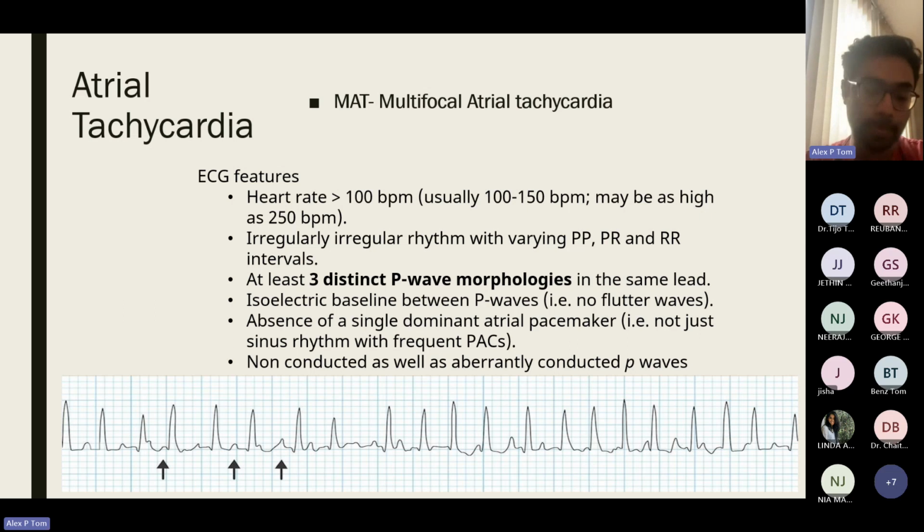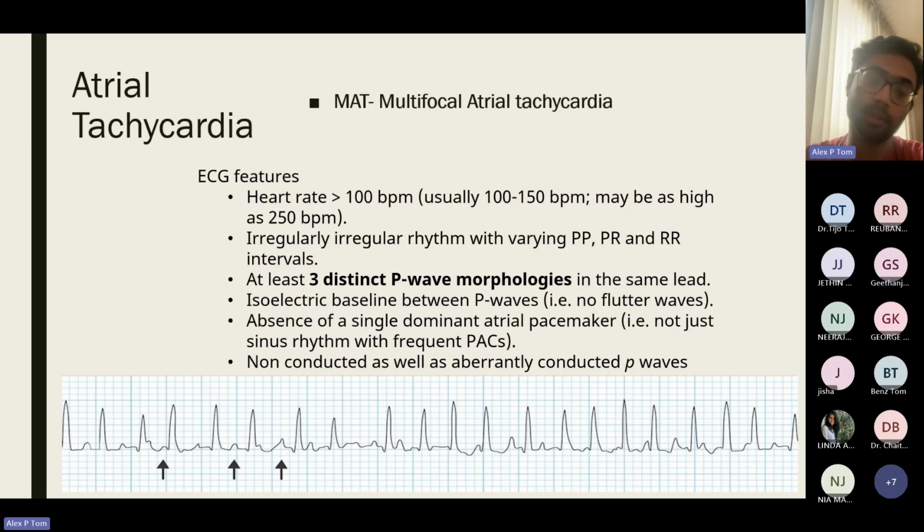How can I say that? If the impulse is generated very close to the AV node, you will see a very short PR interval, because the presumed P wave will conduct to the AV node very fast, and you will immediately see a QRS complex.